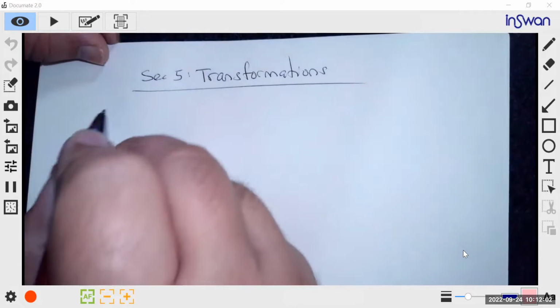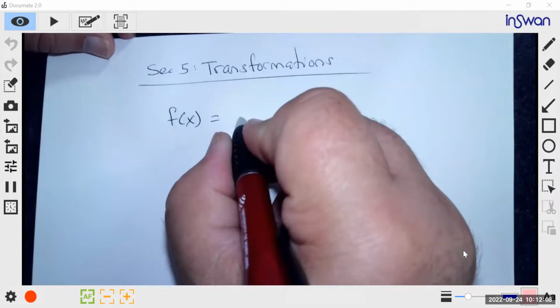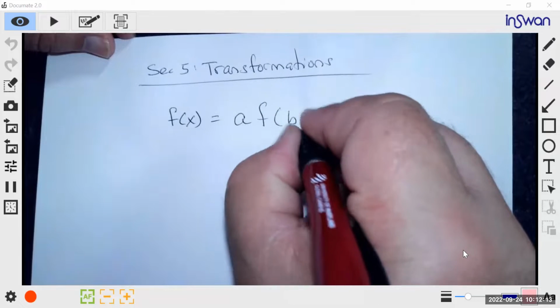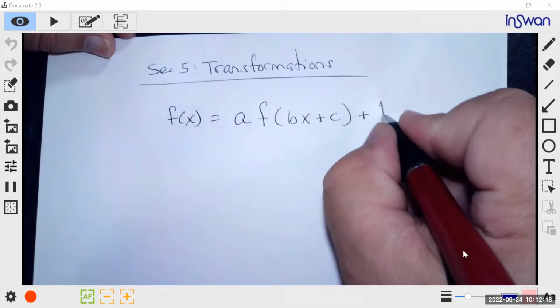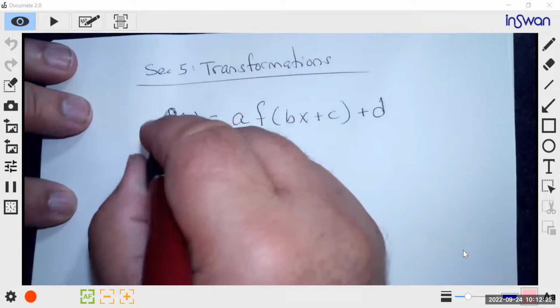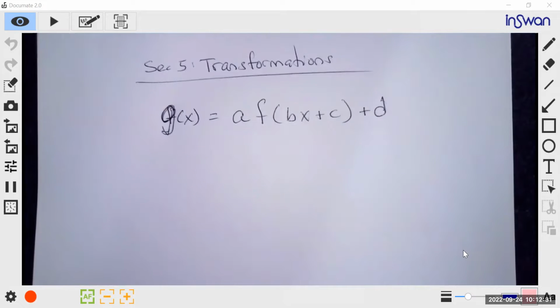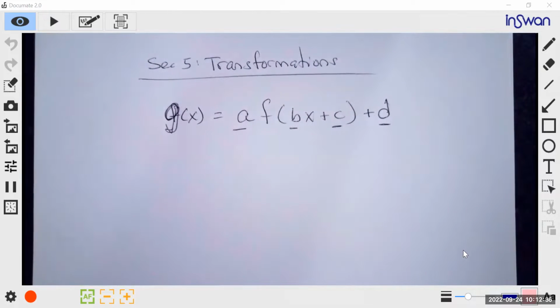For example, every equation is going to have this configuration. I'll call this G. What we're going to be looking at are these four letters, A, B, C, and D, and see what they do.